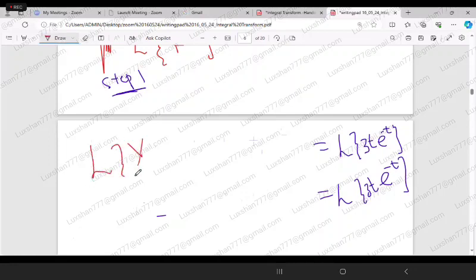Laplace transform of capital Y double dash t. Here notation is very important, otherwise you will get confused.